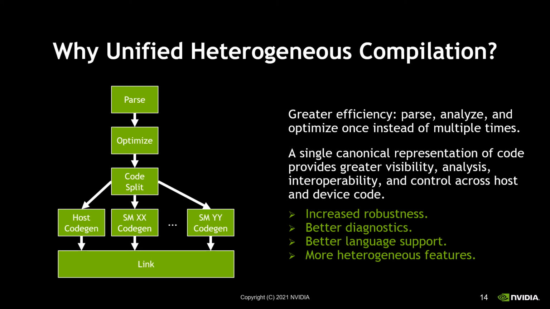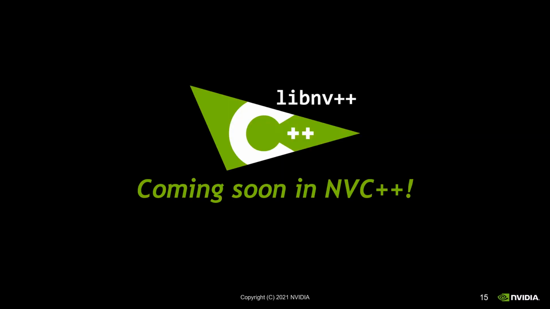This means increased robustness, better diagnostics, better language support, and more heterogeneous features. And because we control the entire toolchain in NVC++, including the host toolchain, we can provide our own complete and standalone standard library. And that is exactly what we are going to do.